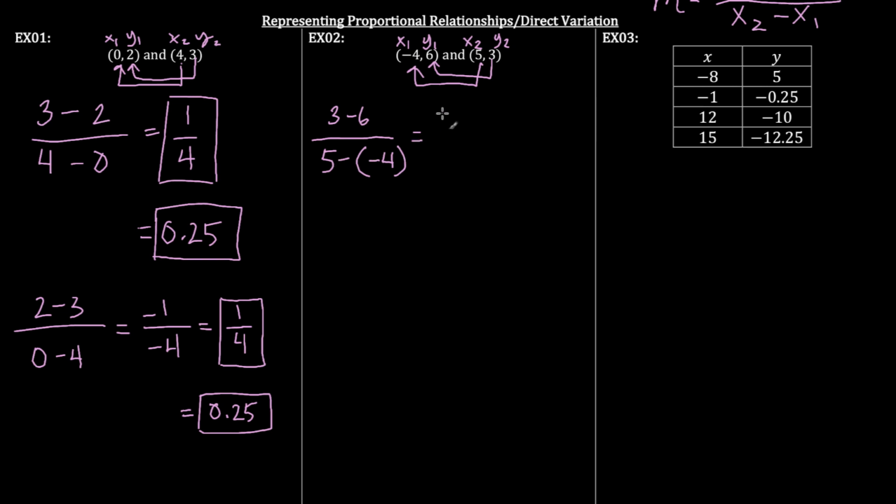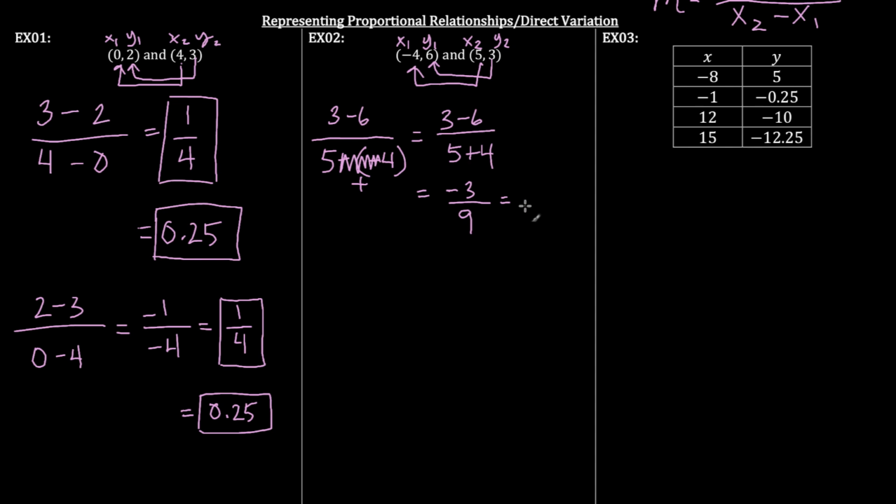So let's rewrite this. So that's 3 minus 6. If you take away a negative, you're actually adding. So we're going to scribble both negatives and we're going to add 5 plus 4. 3 minus 6 is negative 3. 5 plus 4 is 9. A negative over a positive is a negative.